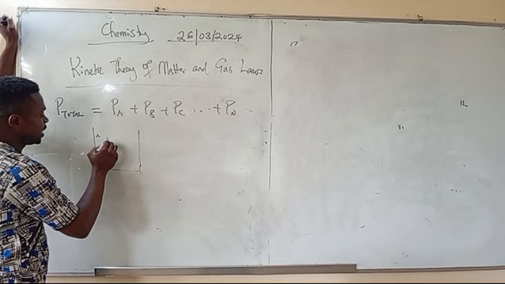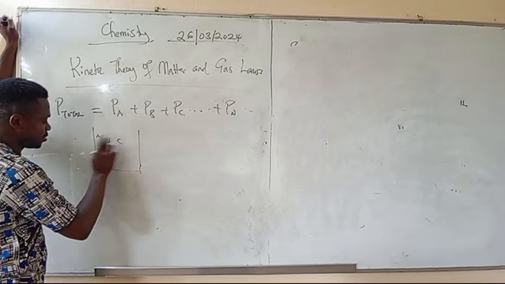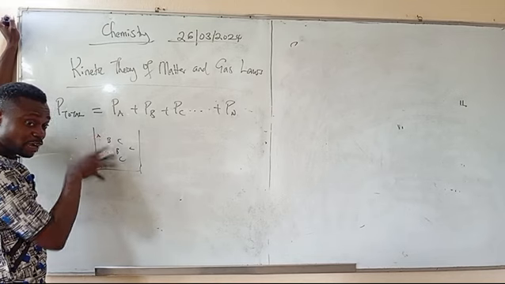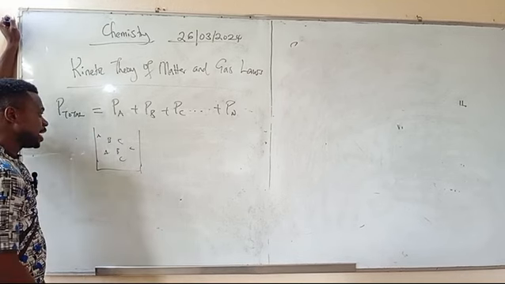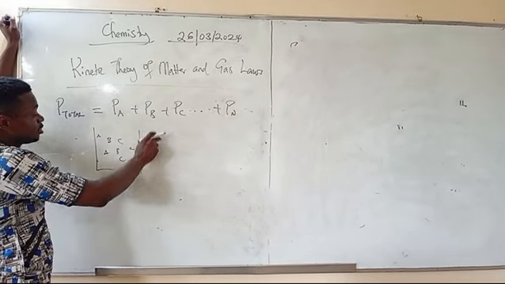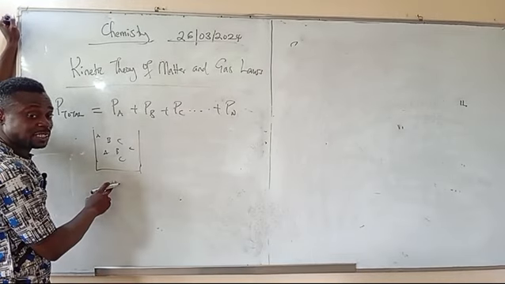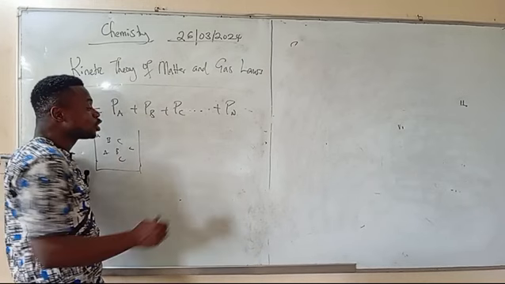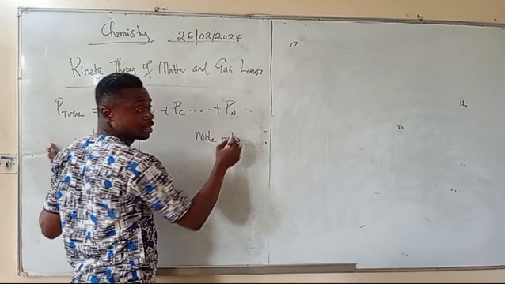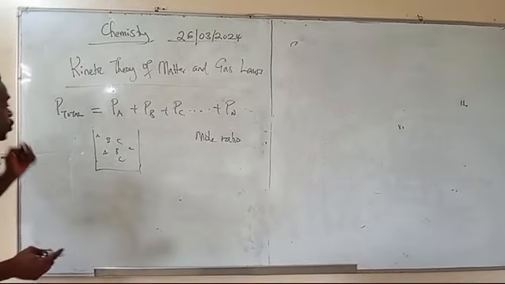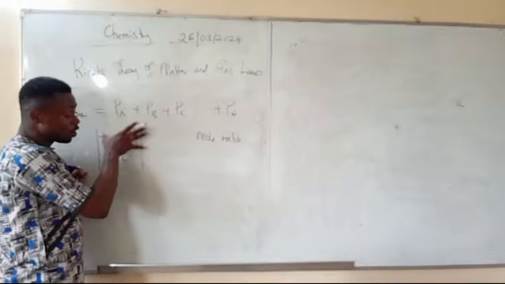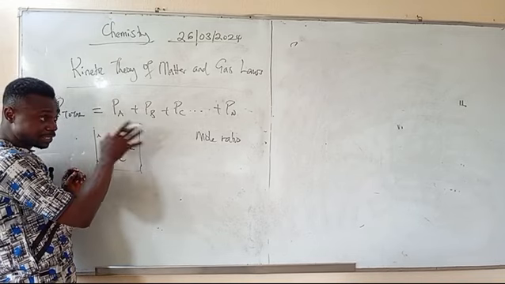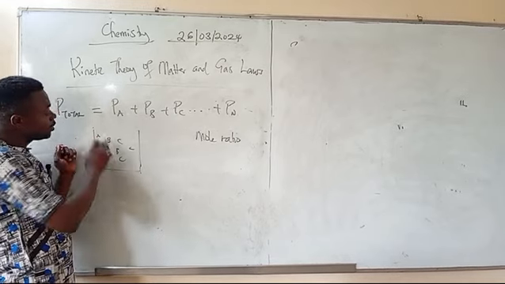Now, you can see the mole ratio of the gases here, inside A, B, C. The total number of moles here is just the number of moles of gas A plus the number of moles of gas B plus the number of moles of gas C. Now, the mole share of each of them: the number of moles of gas A over n total.